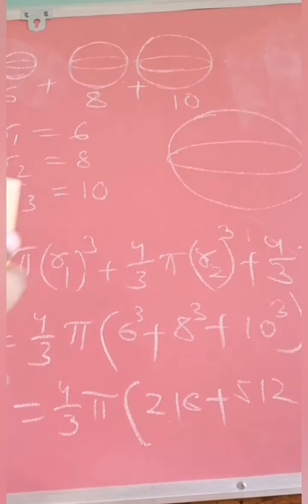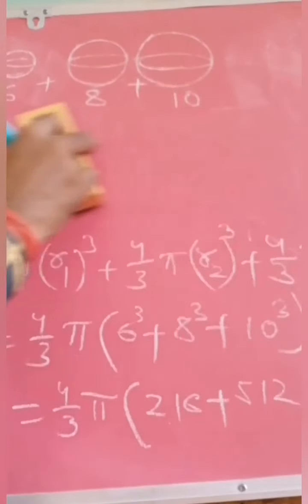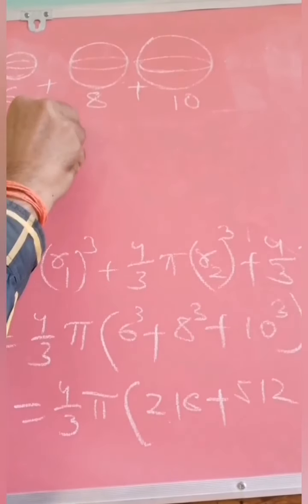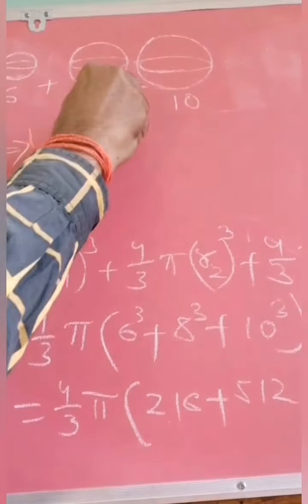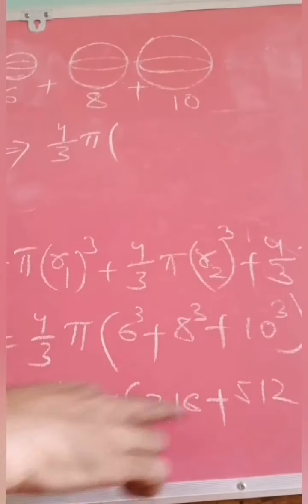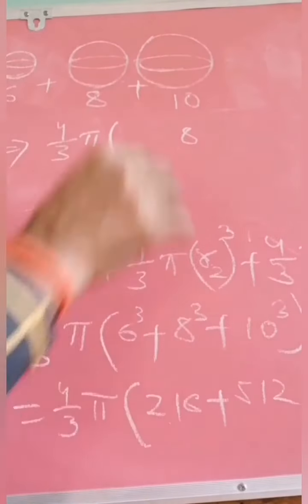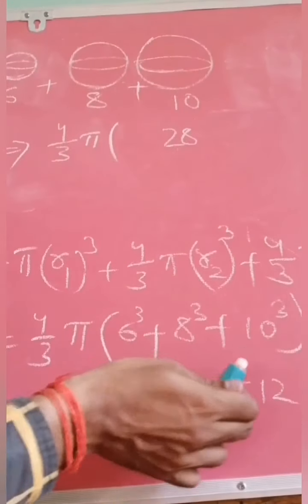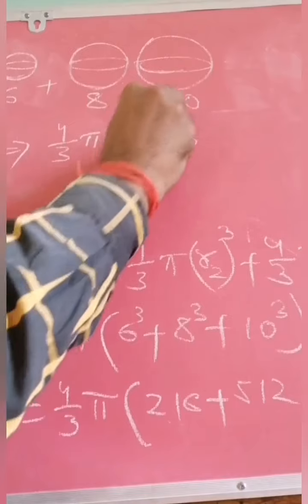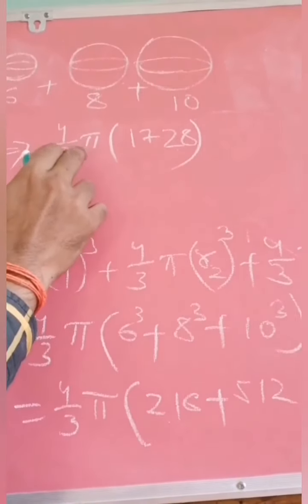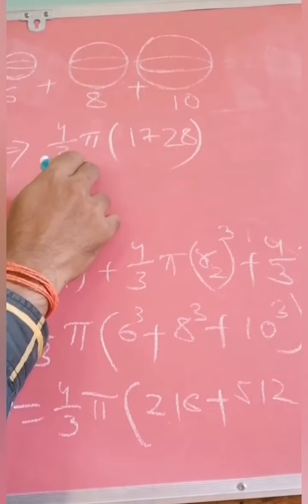Now this implies 4 by 3 pi times the sum of the three. 2 plus 6 is 8, 1, 1, 2, 2, 7, 17. This is the result, and this volume equals the volume of the fourth sphere.